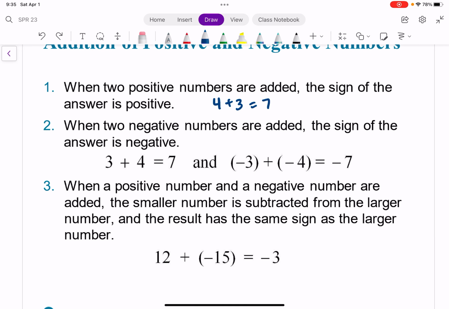Now, if you have two negative numbers that are being added, the sign of the answer is negative. Just like when we have two positive numbers being added, we're getting more and more positive, if we start off negative and add more negative, we get even more negative.